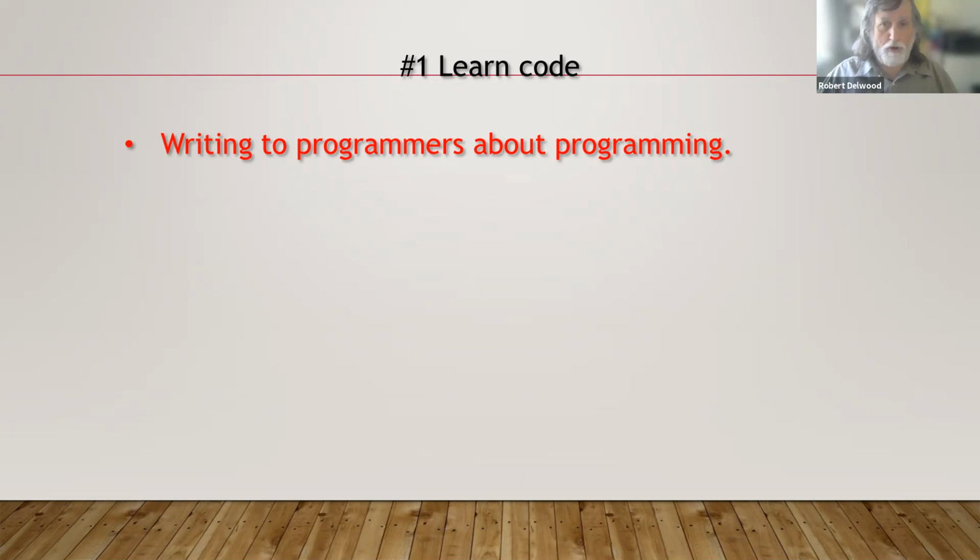We learn a language and we talk about it. Yes, you have to learn a language. I say I'm a programmer writing to programmers about programming. There's no way around not knowing programming. Learn a language now. Get that out of the way.